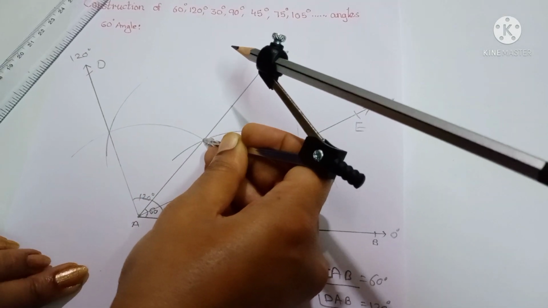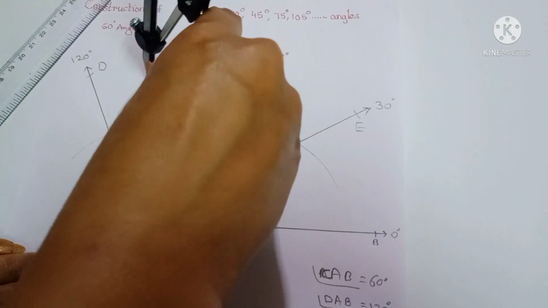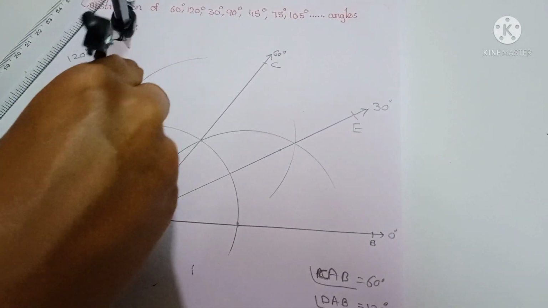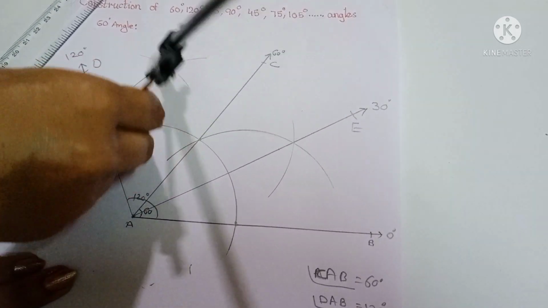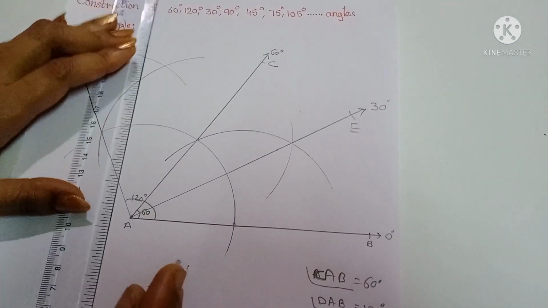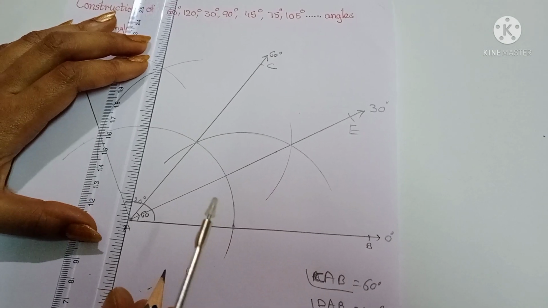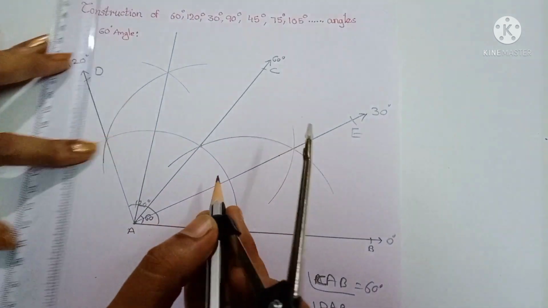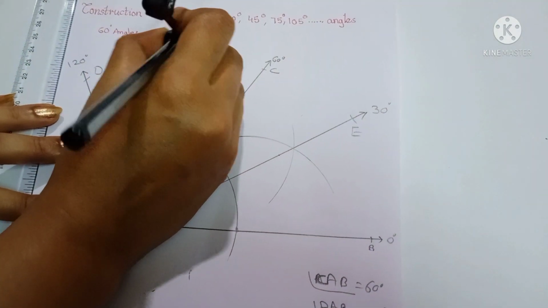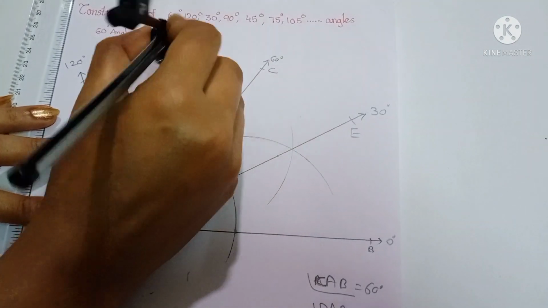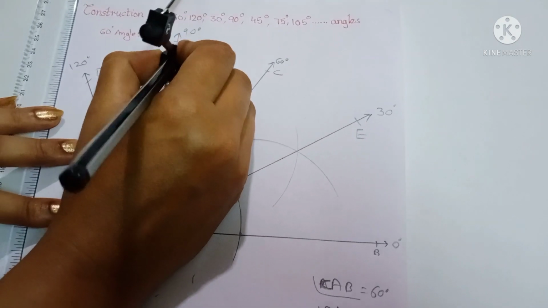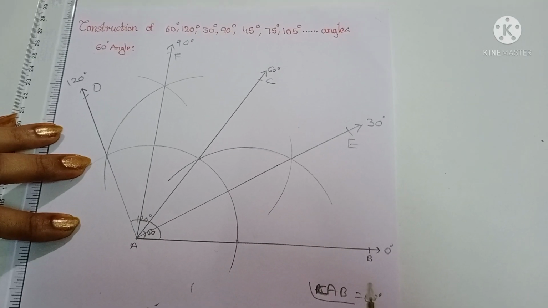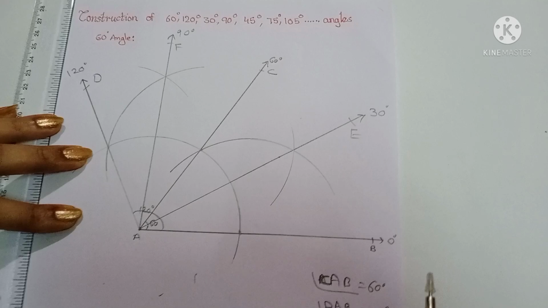One arc from this center, we draw another arc from this center. Just join them. We will get 90 degrees. F. Angle FAB is equal to 90 degrees.